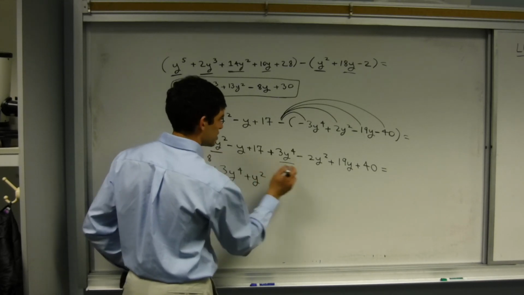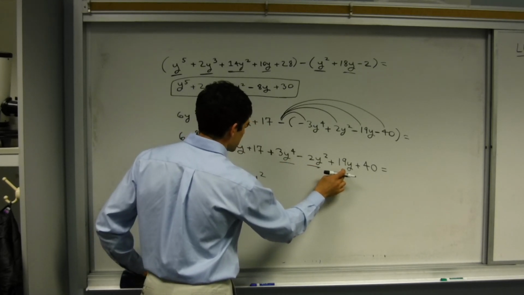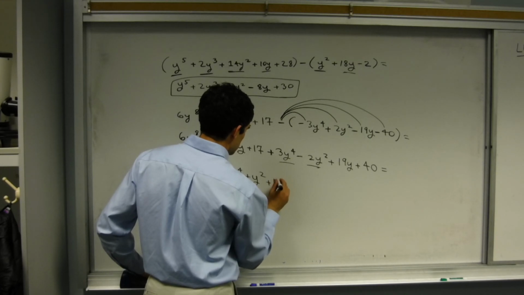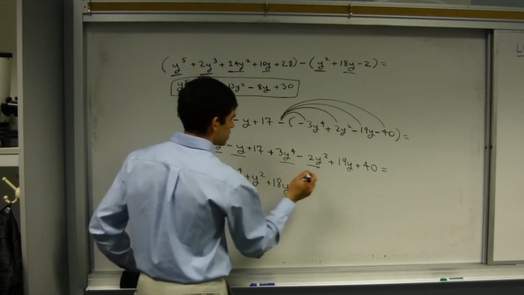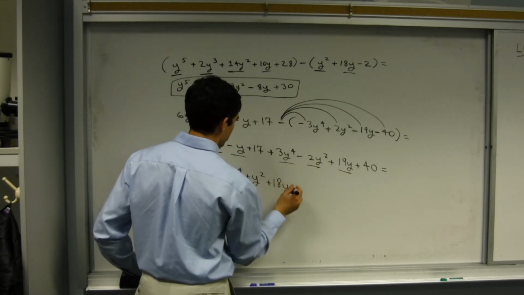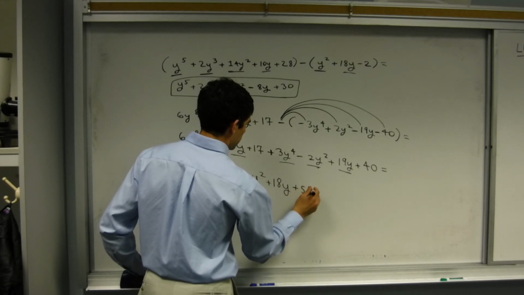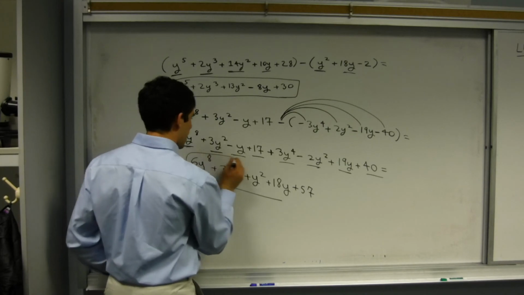So I'll underline these two terms. Negative y plus 19y, which is equal to 18y. Going to underline those. And then we have a 17 plus 40, which is equal to plus 57. And that would be our answer.